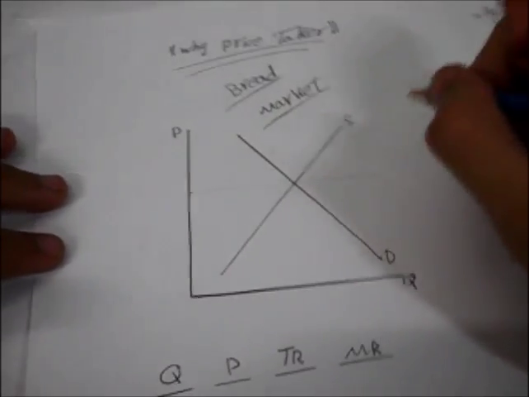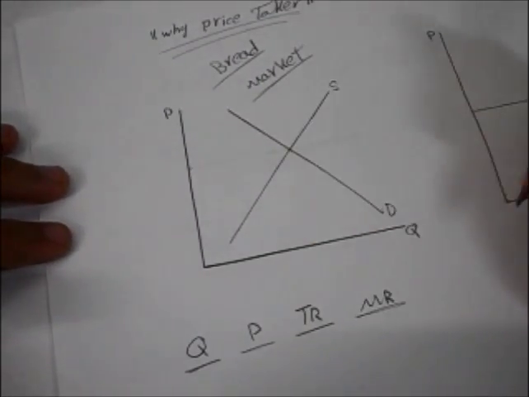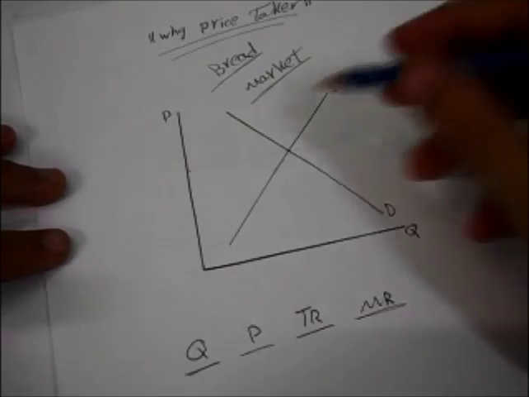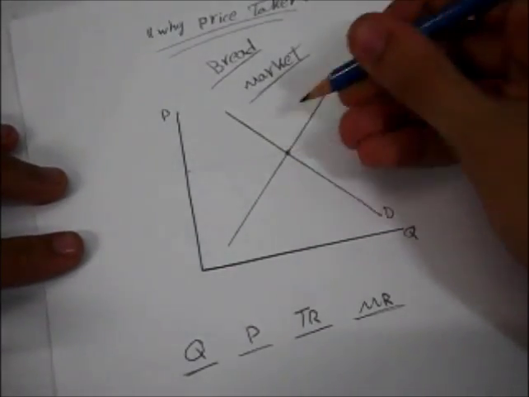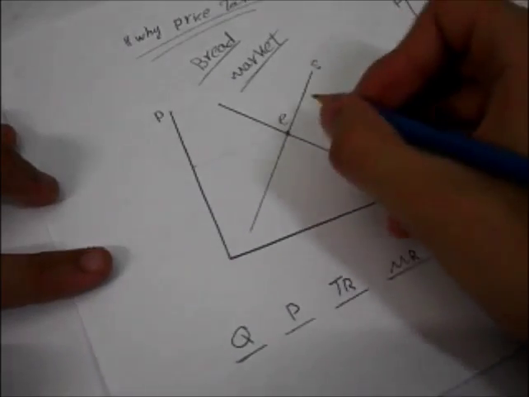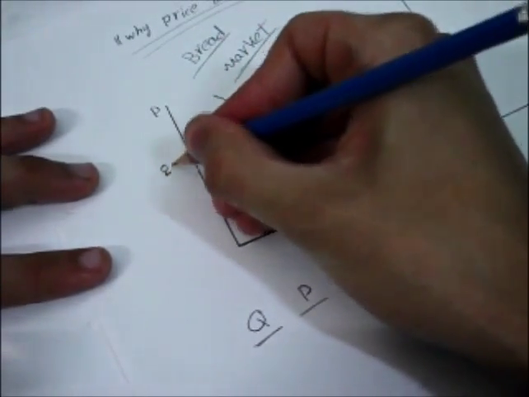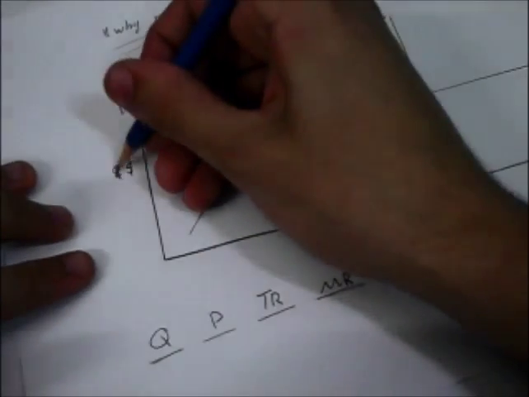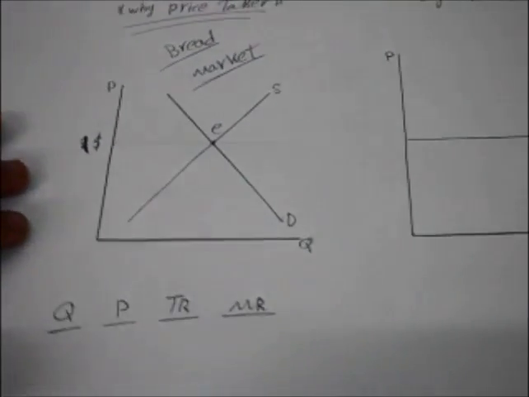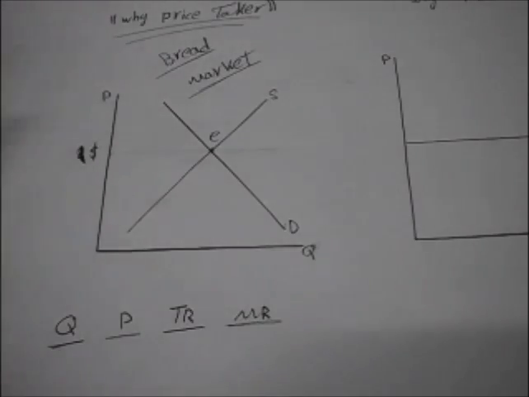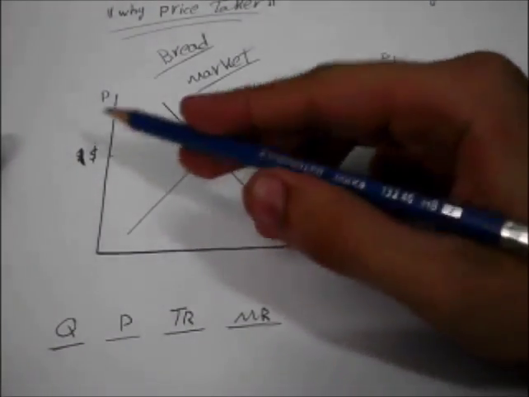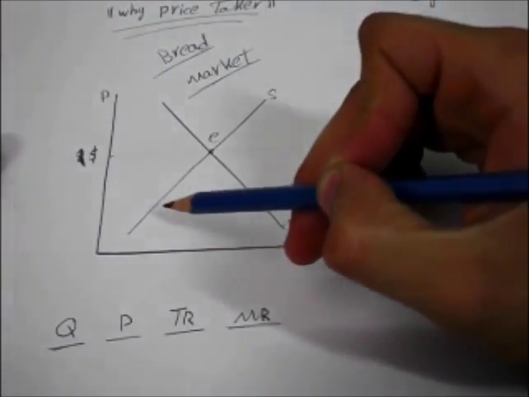This is the market of bread, and here's the supply of bread. This is the demand. Here's the point of equilibrium, and let's say the price is $2, or let's just make it $1. The market decided the price of bread to be $1.